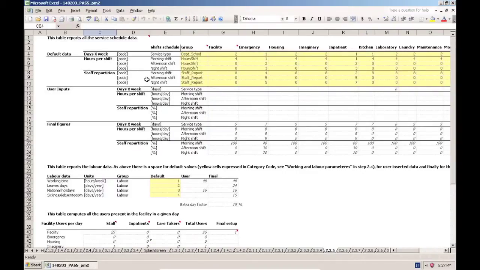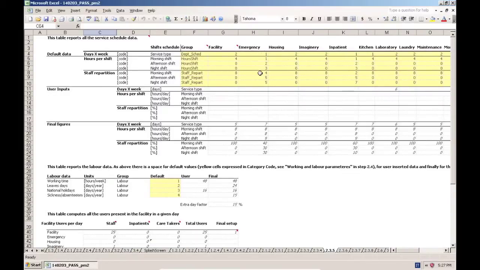You have the hours per shift in the morning, afternoon, and night shift. So you have the default codes that corresponds to a real number describing the hours, and the repartition of the staff. Therefore, the percentage of staff that is allocated in the three possible shifts.